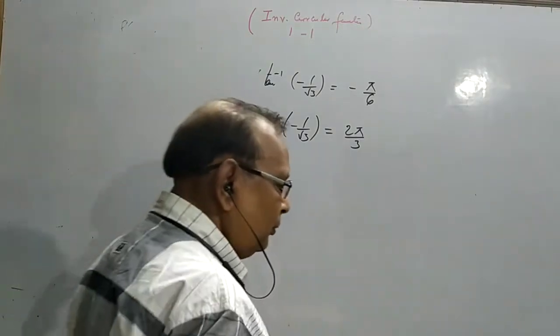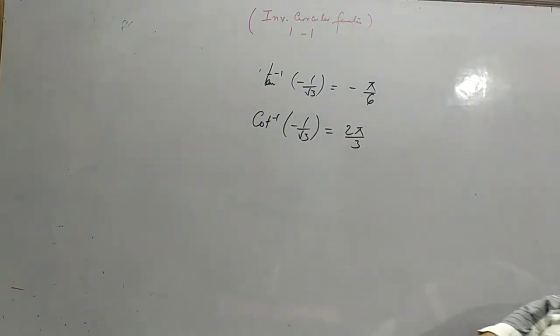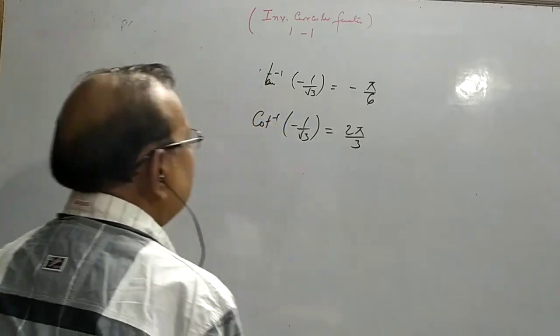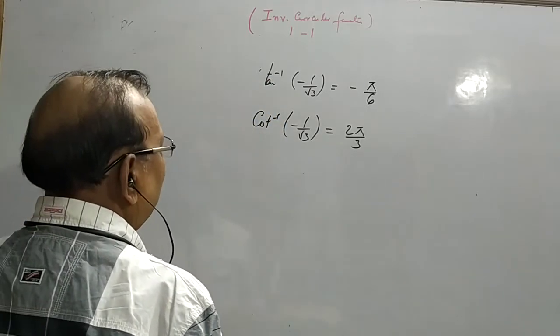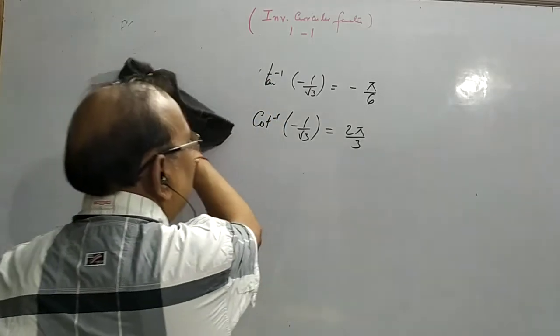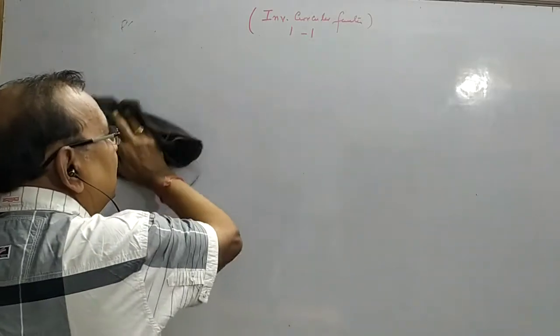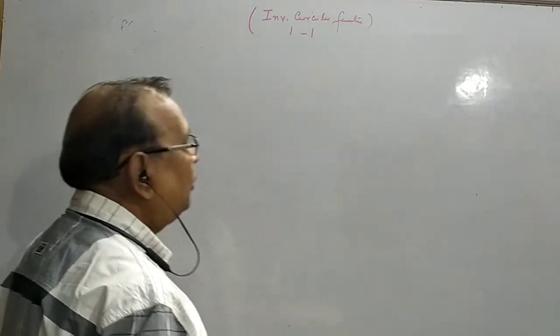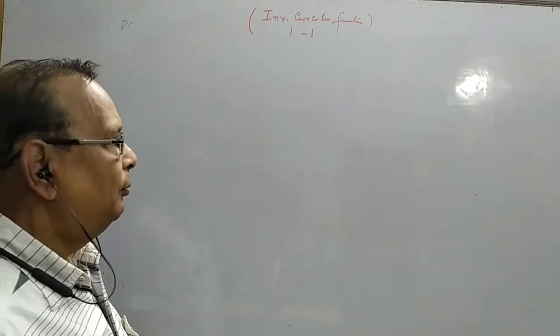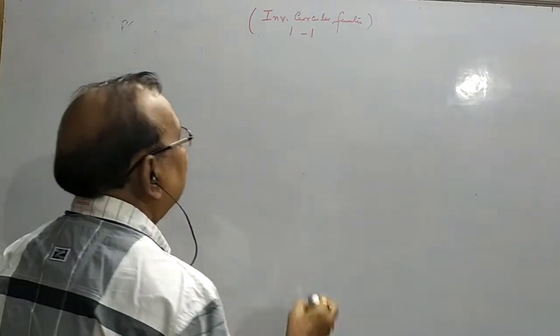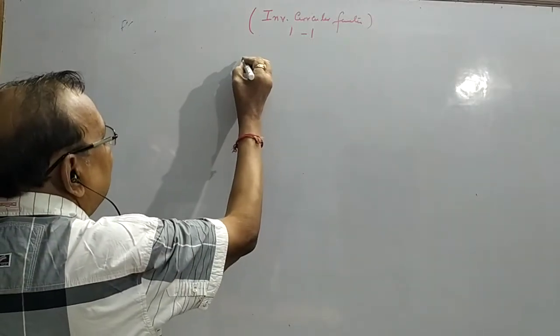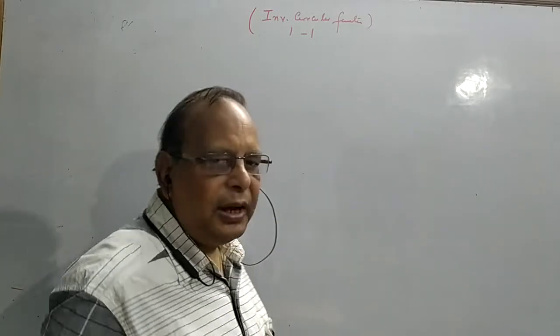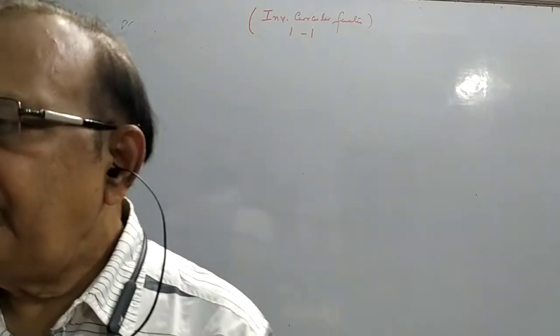There are other inverse circular functions for which we can take all the values, but there is a list of formulae to get an easier path. That is very simple. I am writing for negative x.